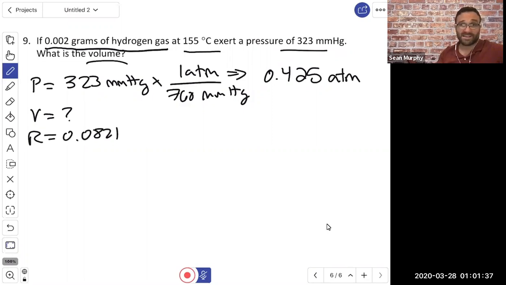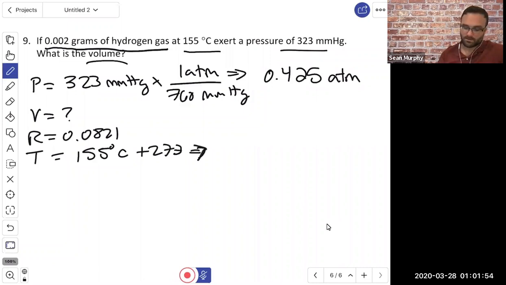That's the gas constant that goes with atmospheres. Temperature is 155 degrees C, so we need to add 273 to that. 155 plus 273 is 428 Kelvin. Check, check, check.